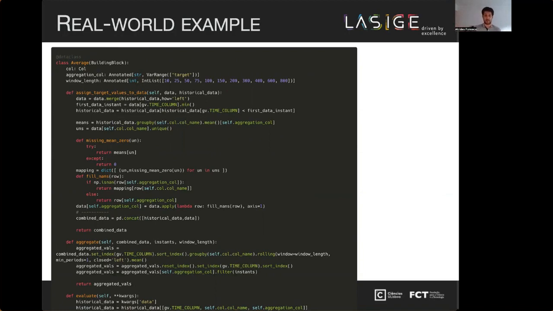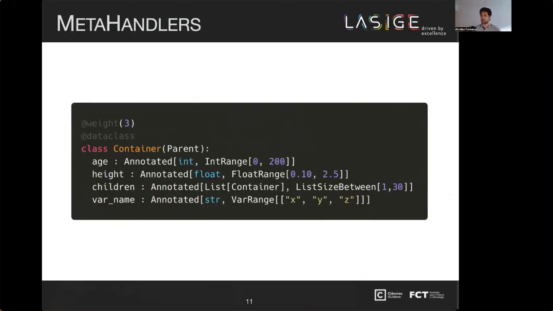And we also propose meta-handlers, which, using the annotated type notation in Python and the concept of refined types, we can say that this integer is between 0 and 200. So whenever we generate a random age, we actually make it between that range. When you do mutation or crossover, the same thing.